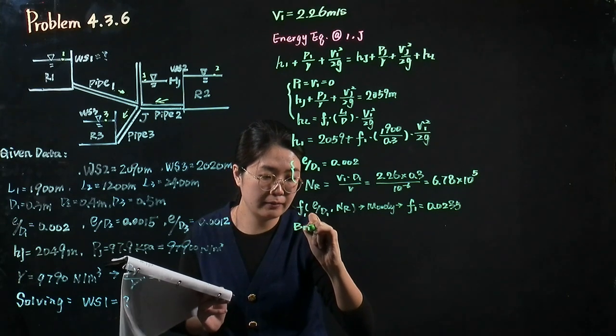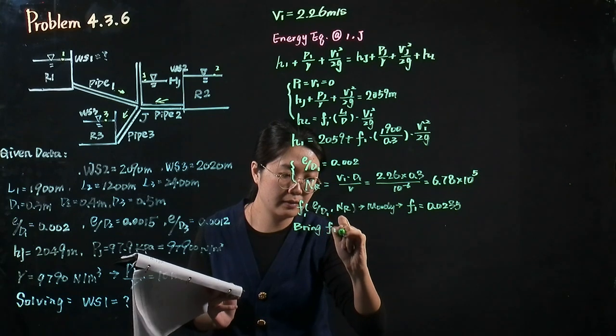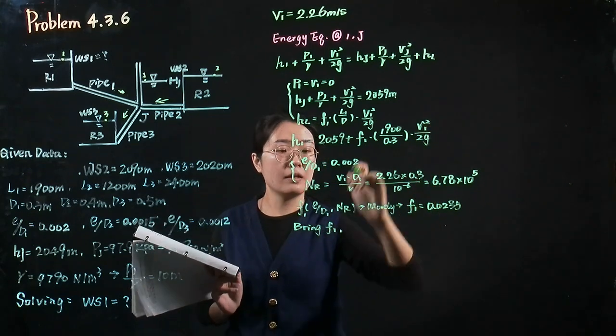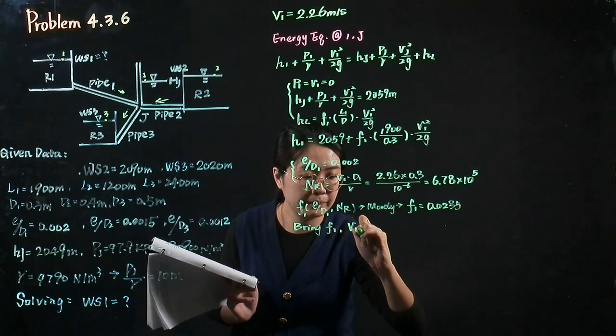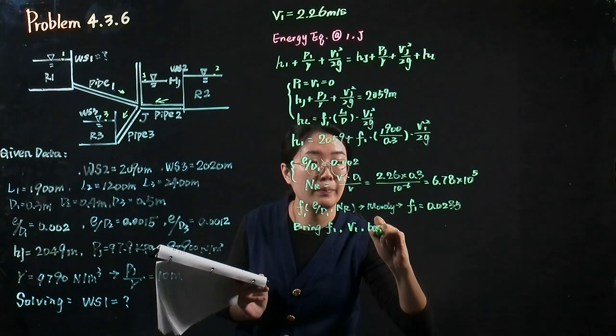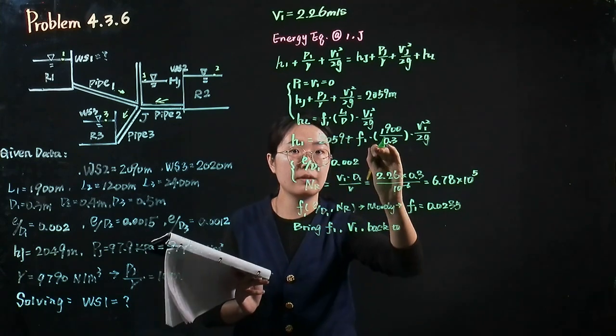After we get the value of the friction factor, we can bring the friction factor and the velocity back to this equation.